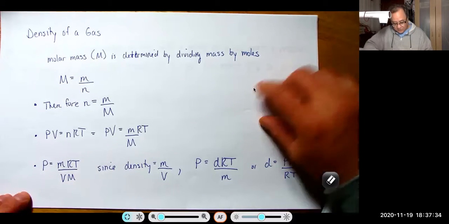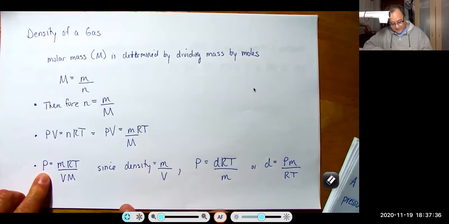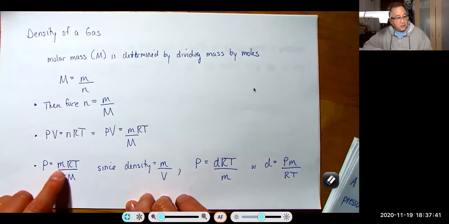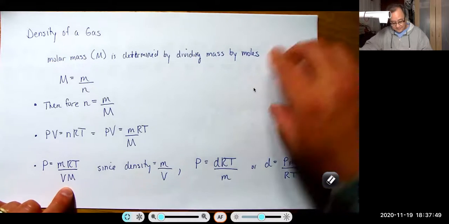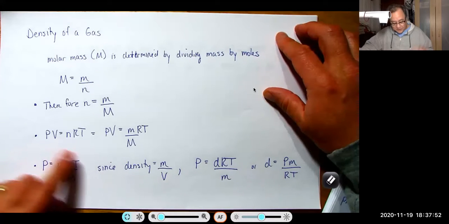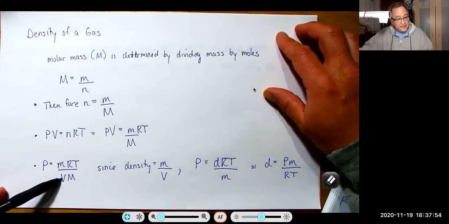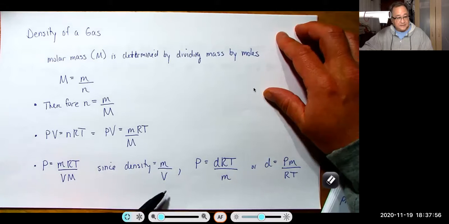Now I can take this equation and rearrange it, and I get that the pressure is equal to lowercase m times R times T divided by volume and also divided by the molar mass. The reason this is arranged this way is because m over V is density.